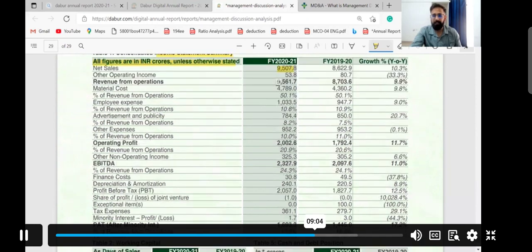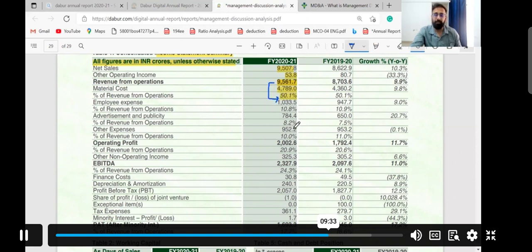Other operating income they are earning is 53.8 crore, and their total operating revenue is 9,561 crore. Then they have given the cost details also. Material cost is 4,789 crore rupees, which is 50% of total sales.